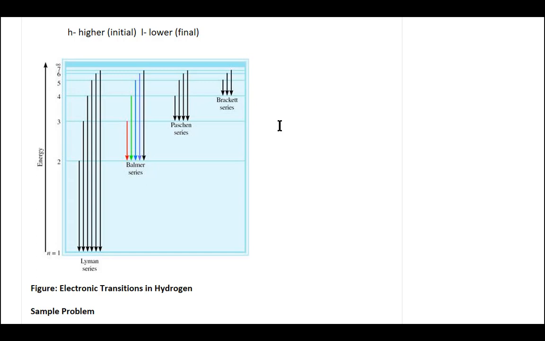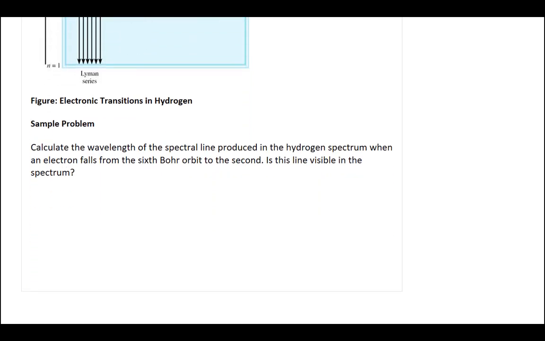Because one of the things that you'll be asked to do is you'll be asked often, can we see this particular electronic transition in the visible spectrum? Or what is the type of light that's being produced, whether it's UV or IR, based on the wavelength that you have.